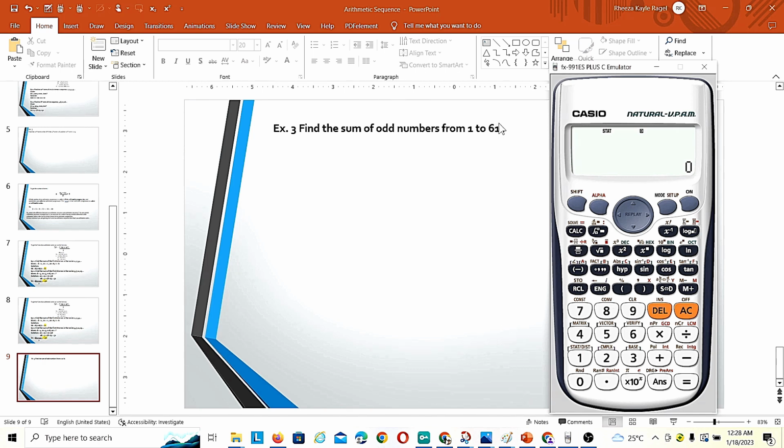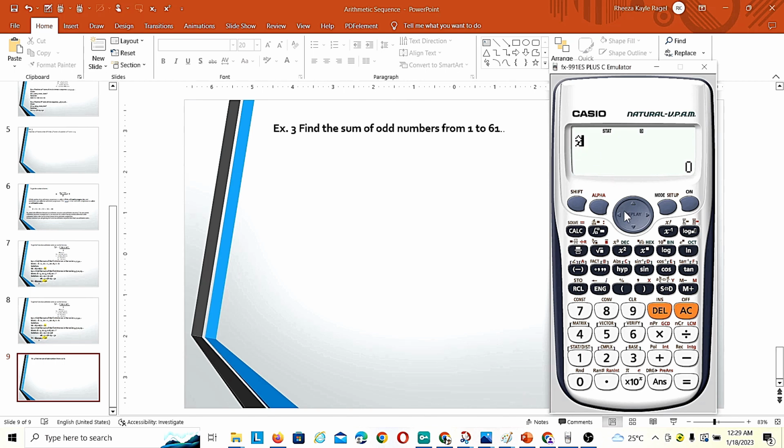In short, we do not know how many terms there are before we have the value of 61. So therefore, what we're going to do is to press shift and then 1. This time, we are going to press 4. Okay, so 4 will give us the x hat.